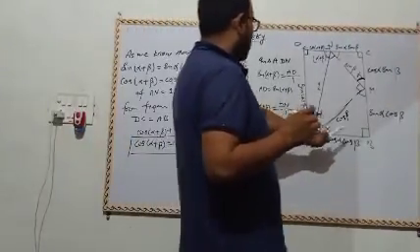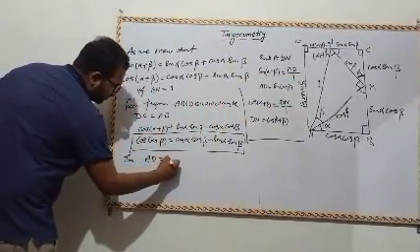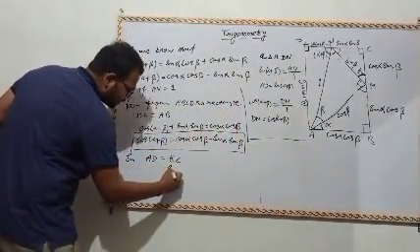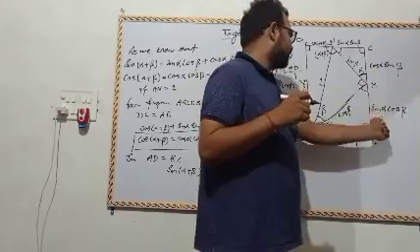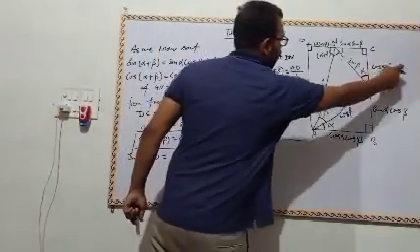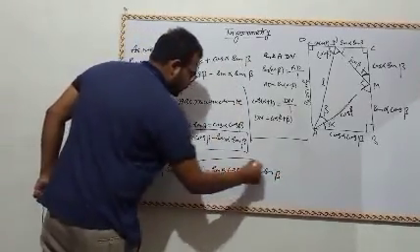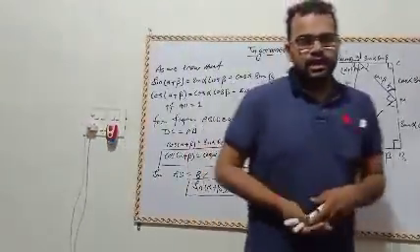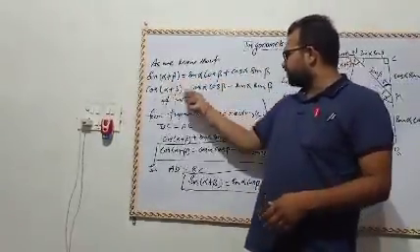Similarly, AD is equal to BC. AD means sin(alpha plus beta) is equal to the sum of the opposite side, sin alpha cos beta plus cos alpha sin beta. This is the geometrical method to prove both formulas: sin(alpha plus beta) equal to this, cos(alpha plus beta) equal to this.